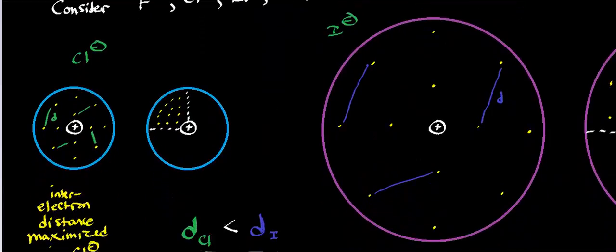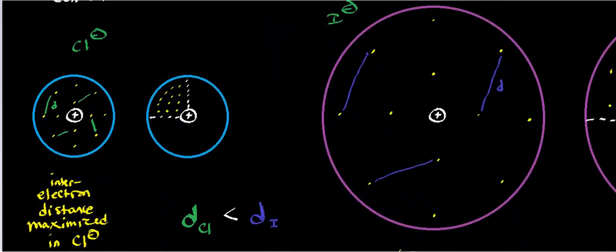All right, so notice what I did here. I have chloride right here and iodide right here. I have the electrons situated in each such that, on the left one and this left one, the distances between all the electrons are maximized. Remember, when you maximize the radius, the potential energy goes down.